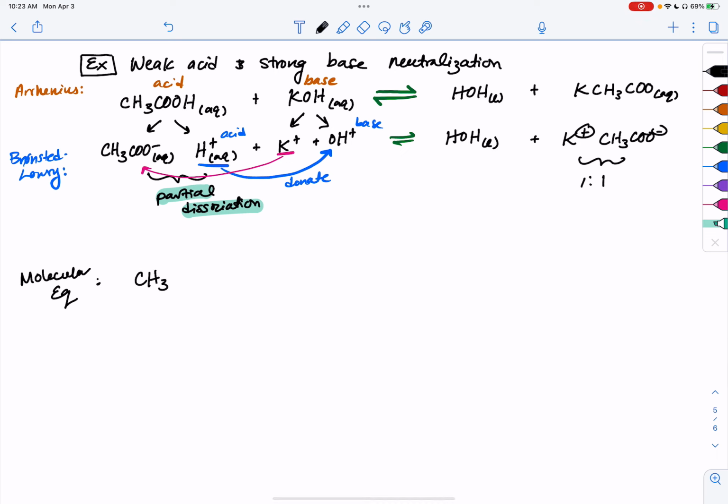So I've got CH3COOH, my acetic acid, reacting with my strong potassium hydroxide base. Since this is a weak-strong interaction, or at least involves something that partially dissociates, I need to indicate that with this double arrow. This is going to form H2O liquid and then potassium acetate.